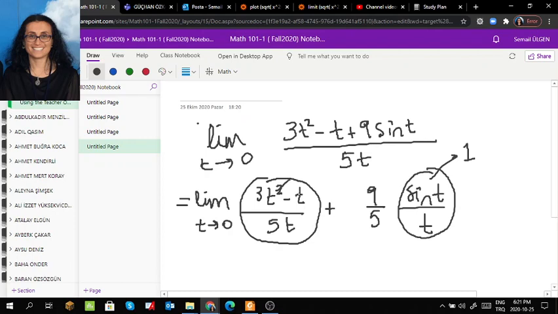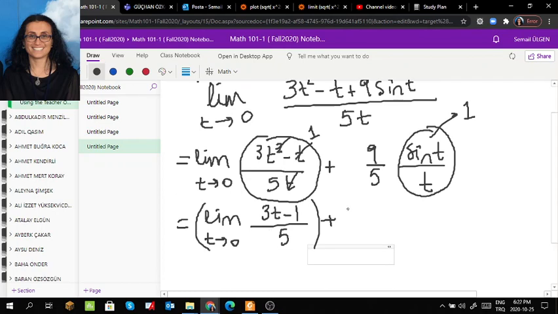T's are going to cancel, so it is limit t goes to 0, 3t minus 1 over 5 plus, okay, this is the first one, I separated into 2, this is equals to 9 over 5, because I'm done with that. And as t goes to 0, this is negative 1 over 5 plus 9 over 5, this is 8 over 5 is the answer.